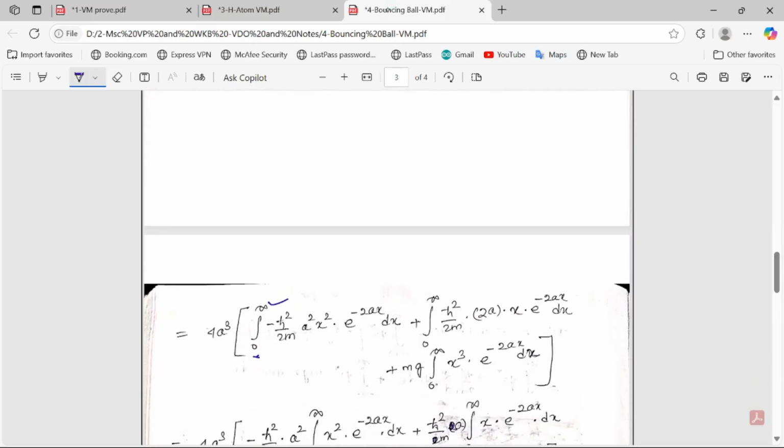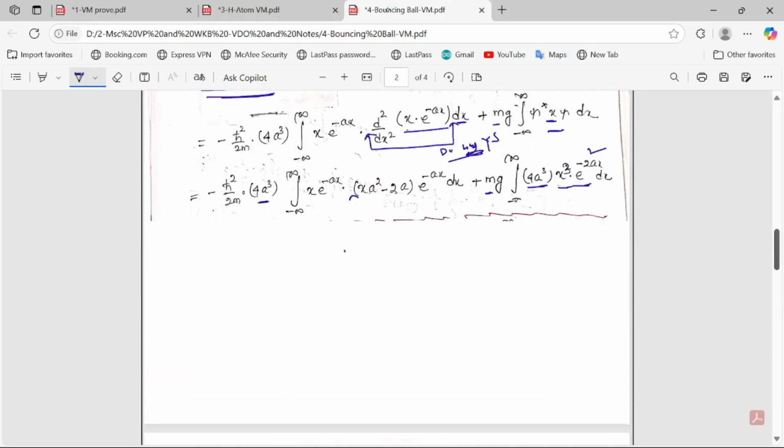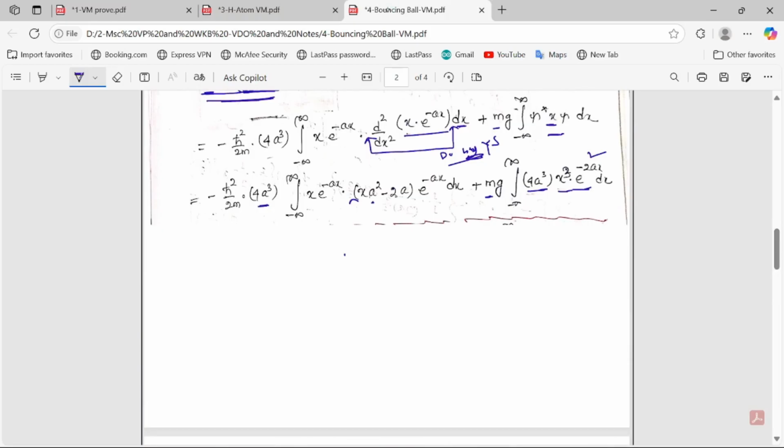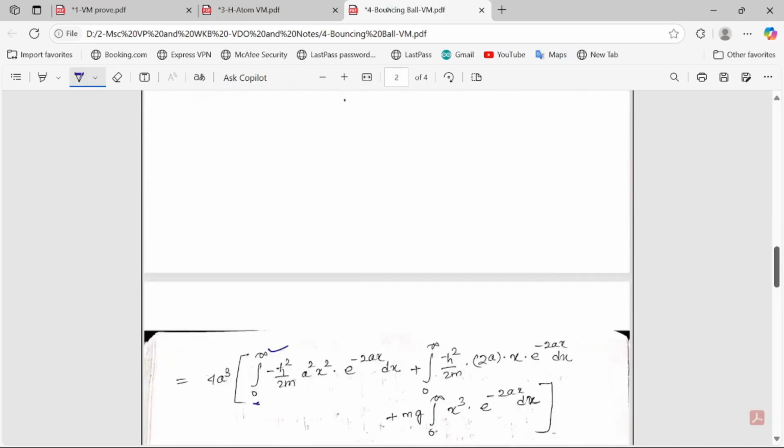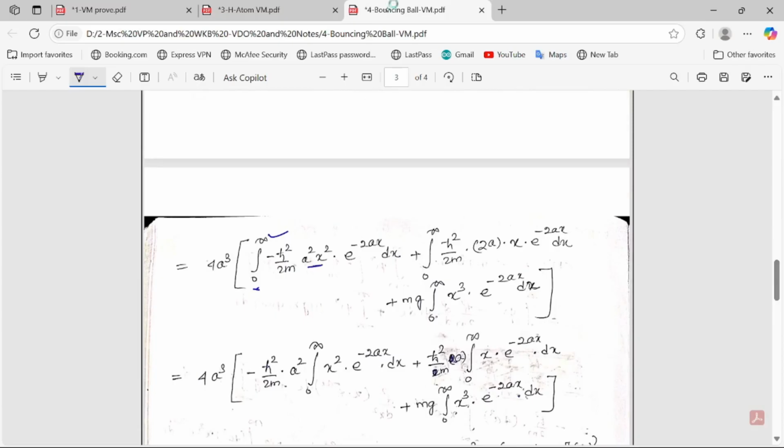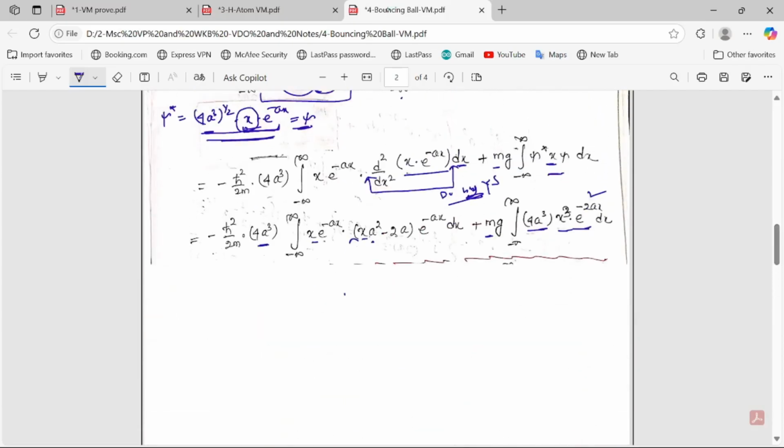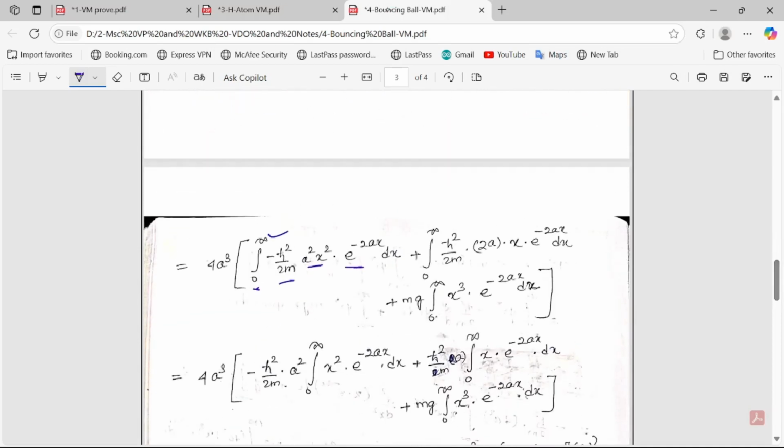Minus h square by 2m, okay. Here a square x square, a square x square minus h square by 2m e to the power minus 2ax, here e to the power minus ax, e to the power minus ax, so e to the power minus 2ax dx.